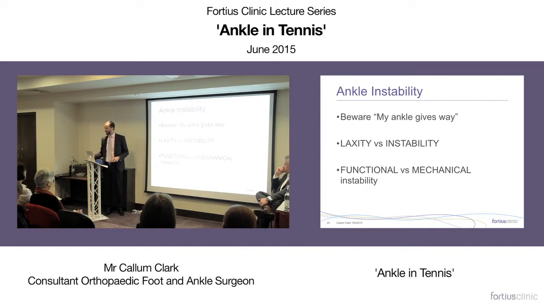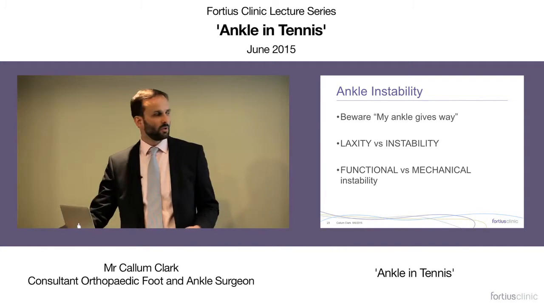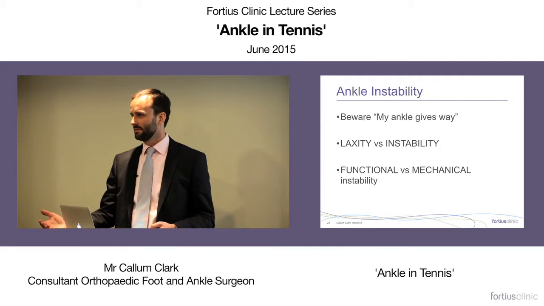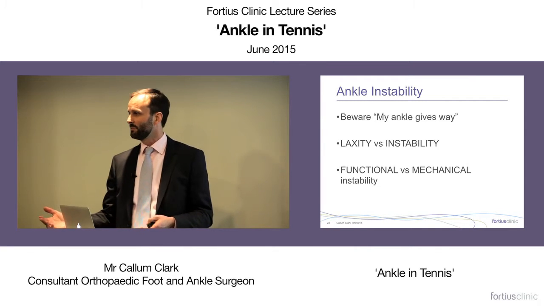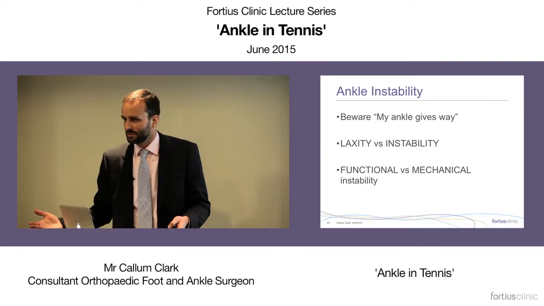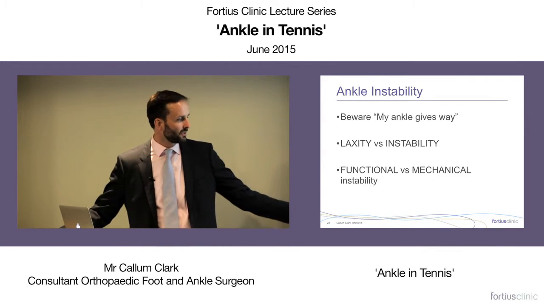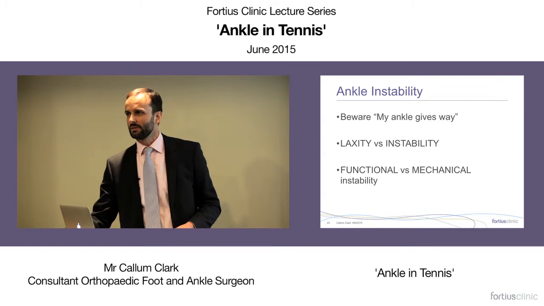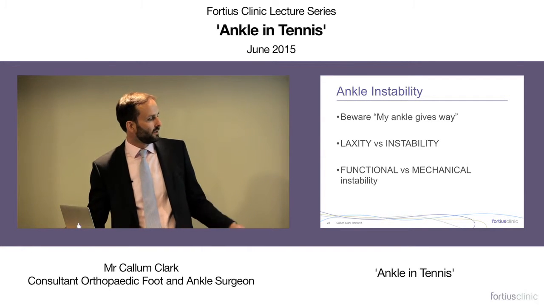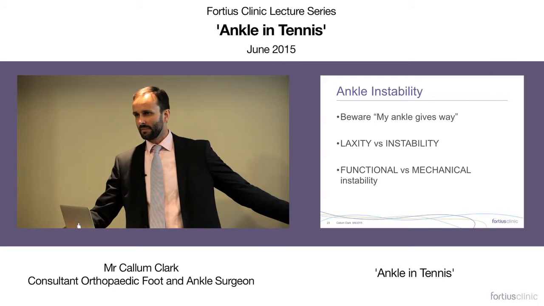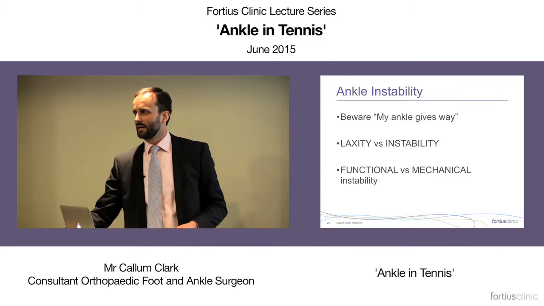What's the difference between laxity and instability? So one is an examination finding, so the ligament is actually loose, and one is a symptom. The patient says my ankle's unstable. Okay? So it's important because only by understanding that can you understand the difference between functional and mechanical instability. So functional instability is when the patient is complaining of the ankle giving way, but the ligaments are not lax.